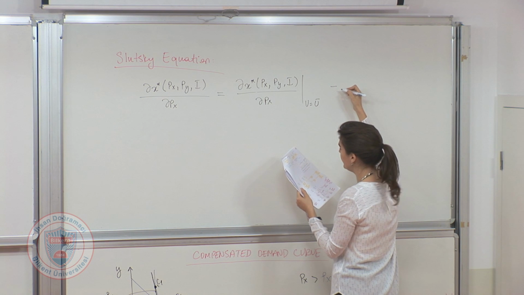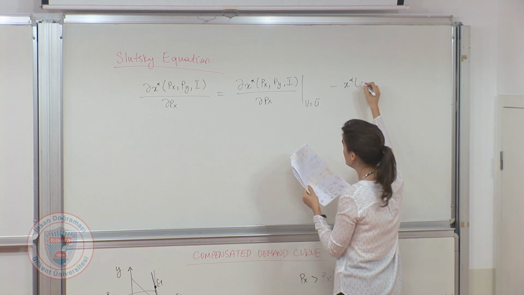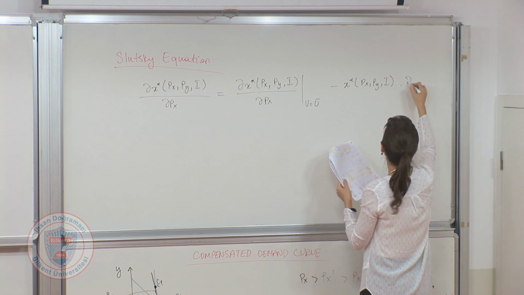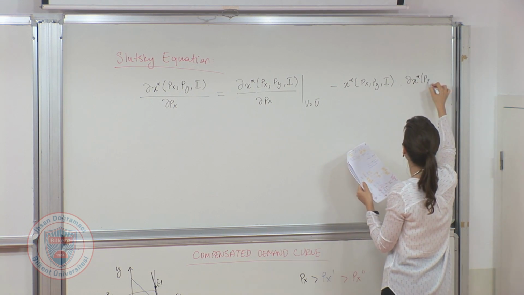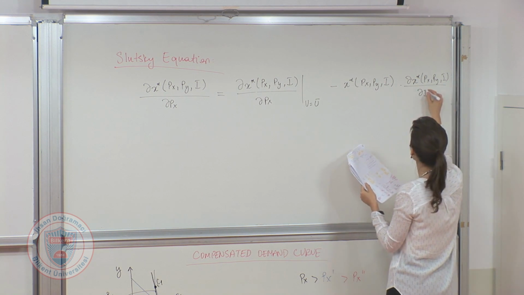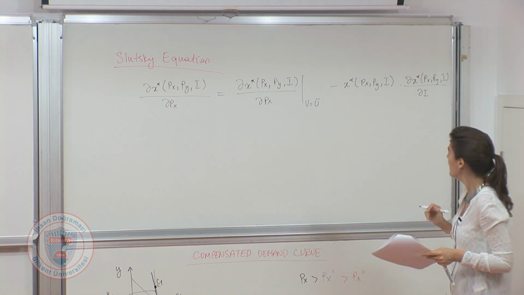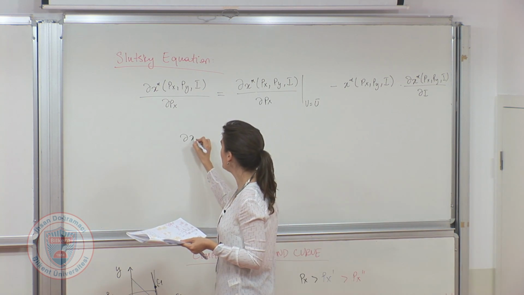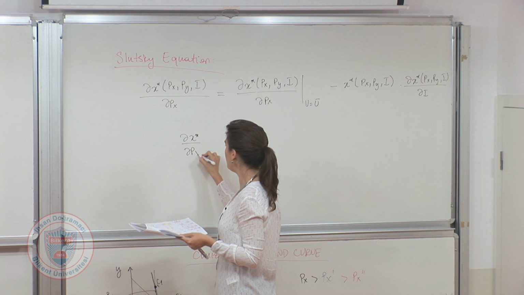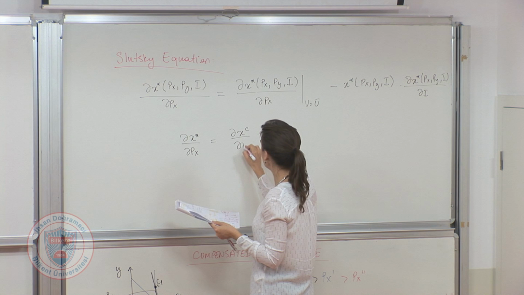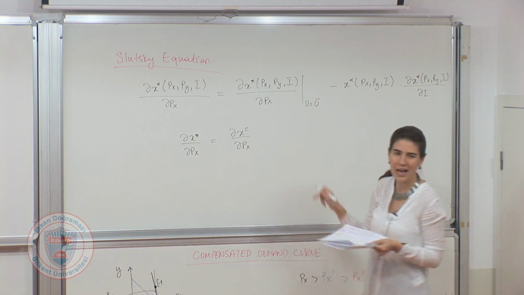And then minus x star(px, py, I) times del x star(px, py, I) divided by del I, okay? So basically del x star over del px is equivalent to del xc over del px. So this one is that, okay?